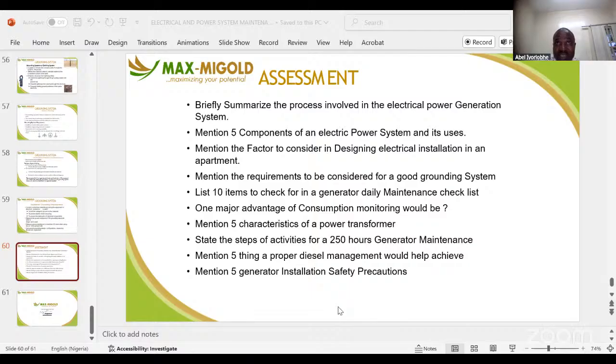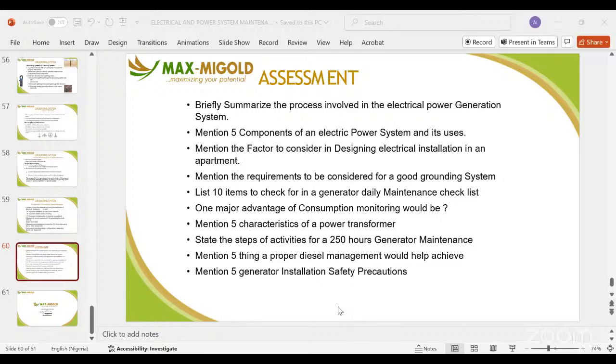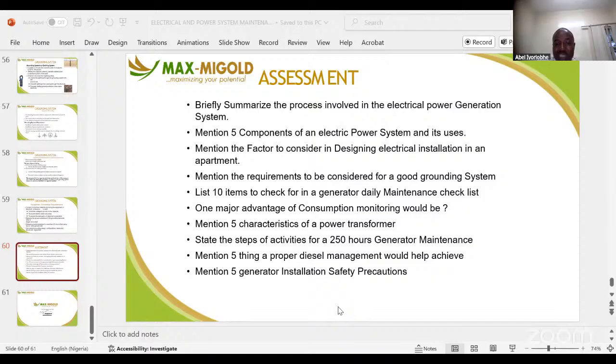That's why a generator is rated in kVA. Do you get? So you divide that 60 by 0.8. It will give you like 75 kVA. So you cannot recommend exactly 75 kVA to your customer because of future expansion or modification.